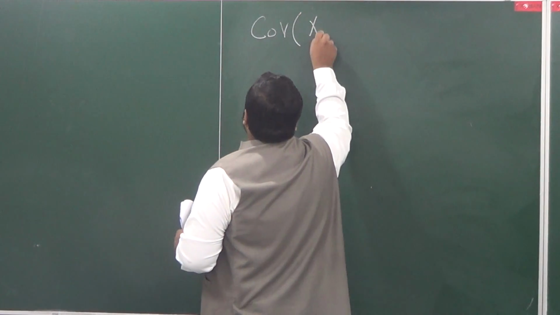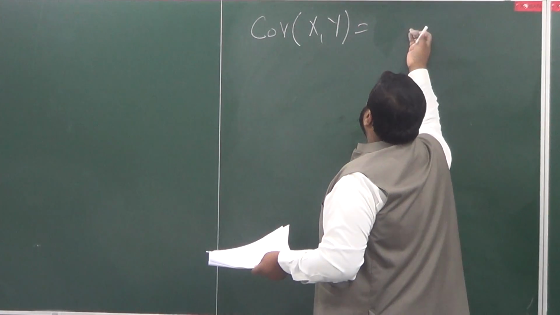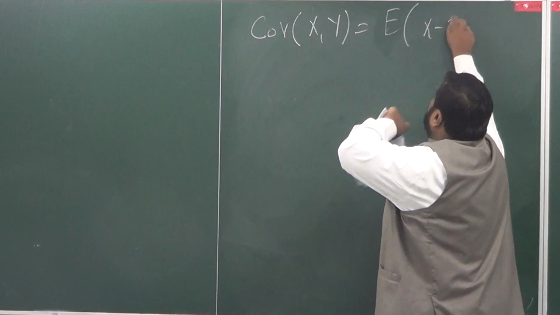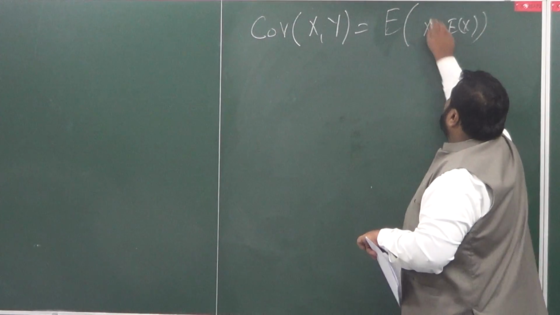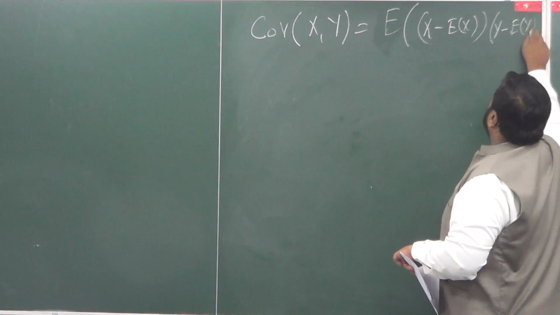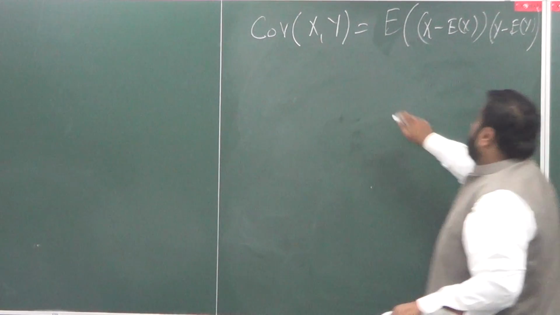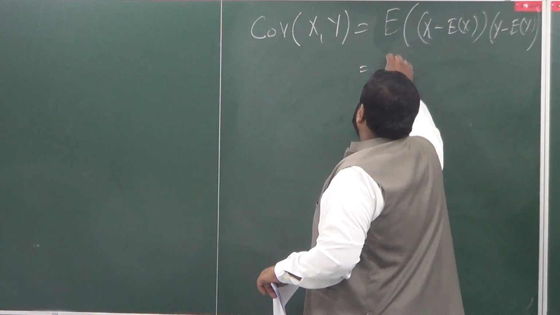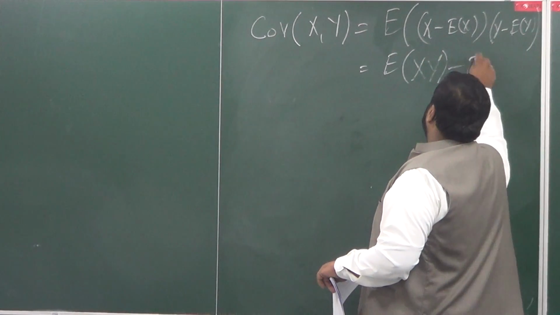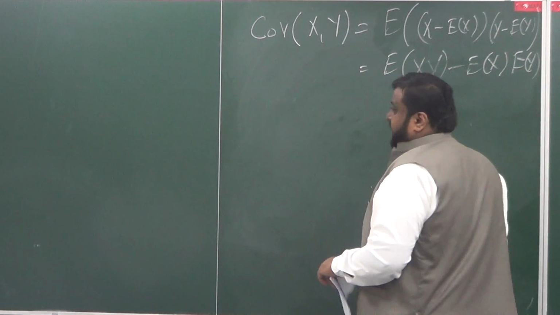The covariance of x and y is, on average, how much x is away from its mean times how much y is away from its mean. If you simplify this expression, you can write it as the expectation of xy minus the expectation of x times the expectation of y.